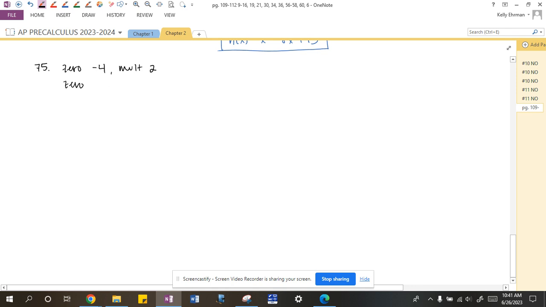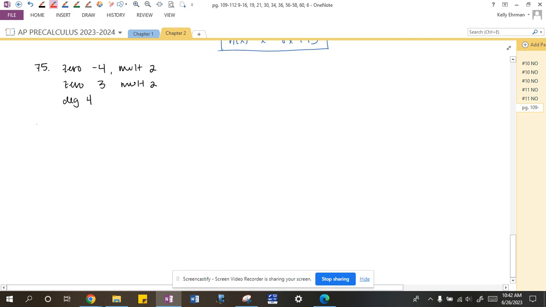We have another 0 of 3, multiplicity of 2. And we have to make it degree 4. The directions say find a polynomial function with the indicated characteristics. Again, for the same reasons, there could be many answers. You could put any sort of coefficient out in front, and you would create a slightly different answer than what I have. So let's start with the zeros.